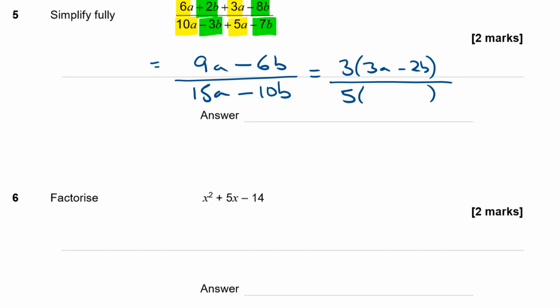So if I pull that out, then I'm going to get 5 lots of 3a minus 2b on the bottom. Okay, but now I can see that 3a minus 2b on the top and 3a minus 2b on the bottom, those two things are going to cancel each other out. So it's just going to leave me with my 3 over 5. A surprisingly simple result. So there we go, done.